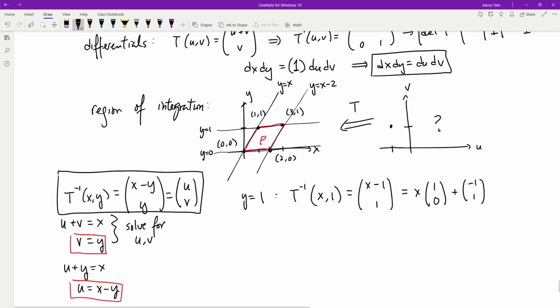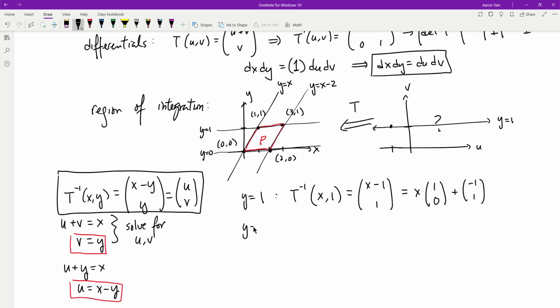And then it would go 1, 0, which is basically going to the right only. So that will form this line. This line would be what y equal to 1 looks like, which technically speaking is exactly the same. And it kind of makes sense because y and v are the same in a sense.